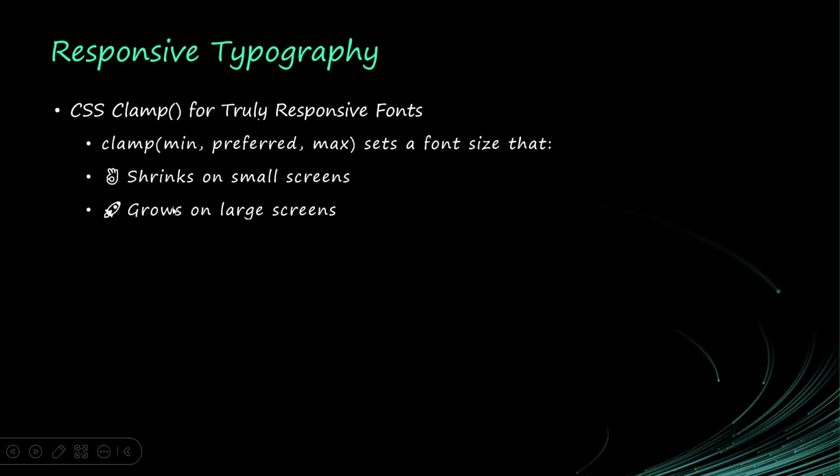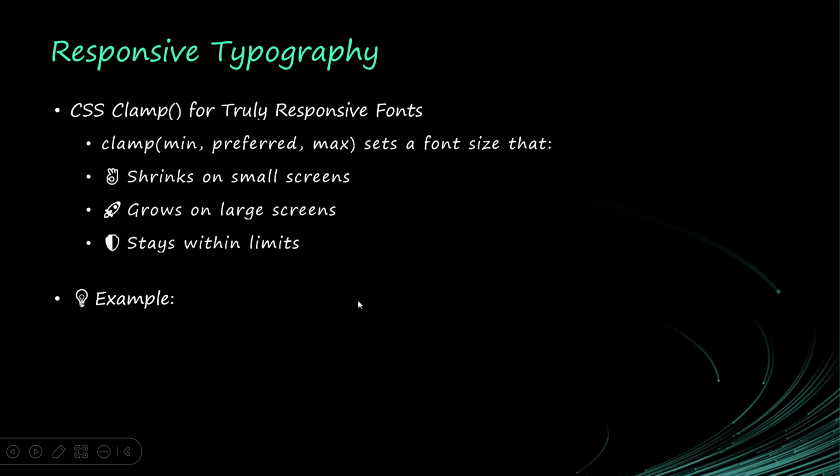It will shrink on small screens, but it will not go below the minimum value that you gave. The first time it is rendered, it will go with the preferred value, which in our case is 2em. And on large screens it grows, but it cannot grow more than the maximum size you gave it. So it stays within limit.